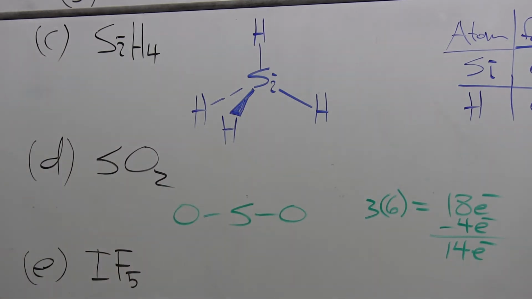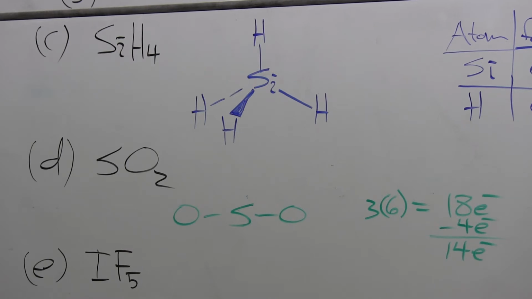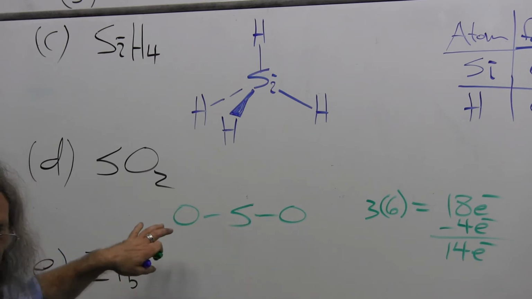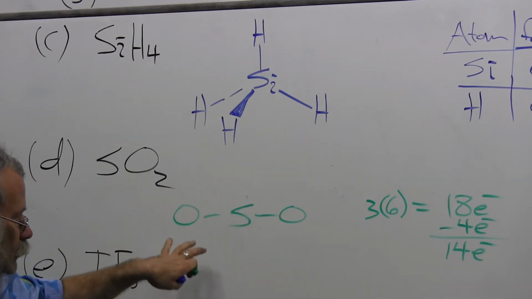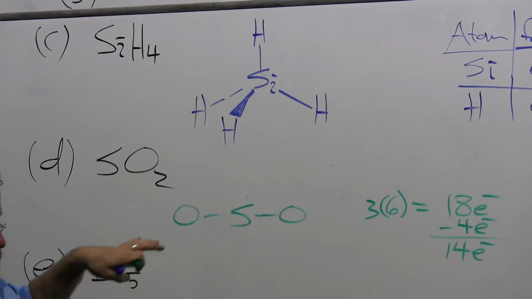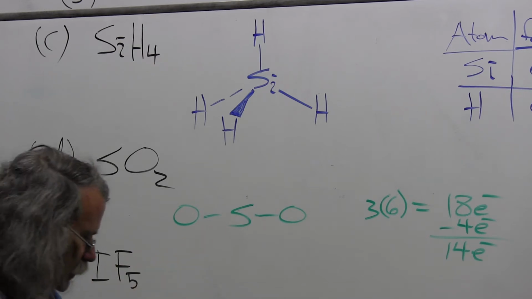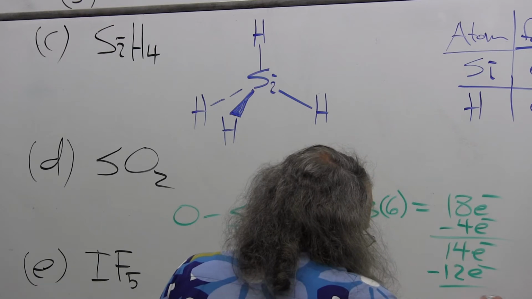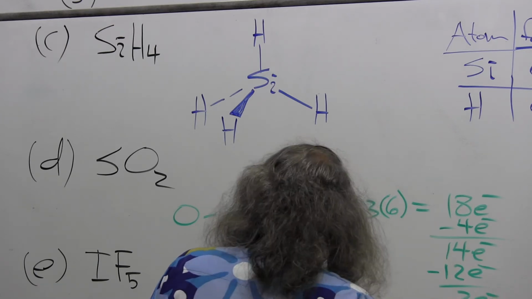Now I have to distribute these electrons first to the outer atoms in order to complete its closed shell demand, and that means, as always, with everything but hydrogen, it's going to require 6 electrons for each of the outer atoms. So that's going to take care of minus 12 electrons, and there's going to be 2 electrons remaining.